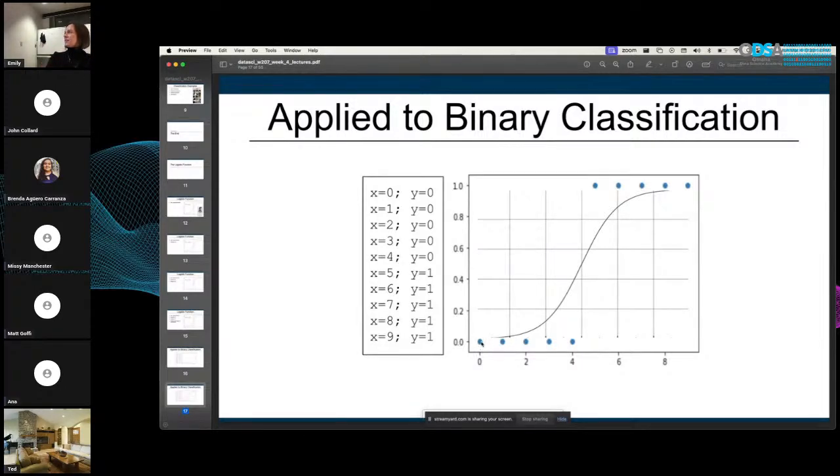So we can say, for example, this one over here, an input value of 4, x as 4, we can come up to this sigmoid function, and say that, oh, that's approximately a 0.4 probability. And that's how we get the probability output from a logistic regression function.